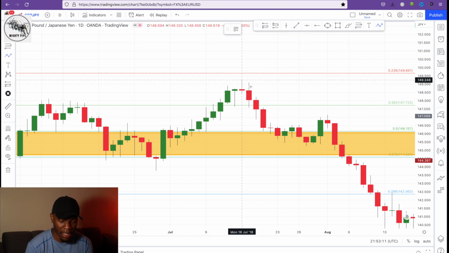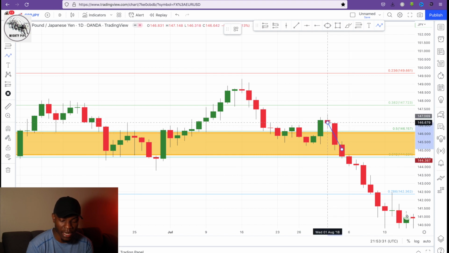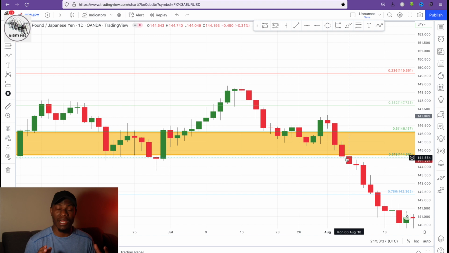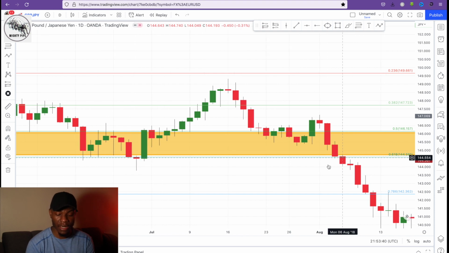The market came back down to the golden zone, and then it tried to give us another movement upwards, but was rejected with an evening star formation here. You guys can see that this is an evening star formation. Then the market created another confirmation pattern, which is three black crows, also a chart pattern.